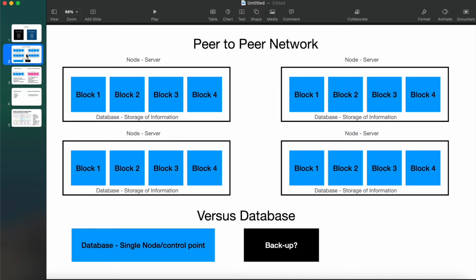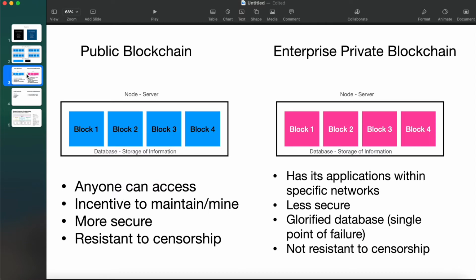If you're running a Bitcoin node, you get rewarded every time you create a new block and participate in maintaining the network. You get to mine coins. So this is what mining is.